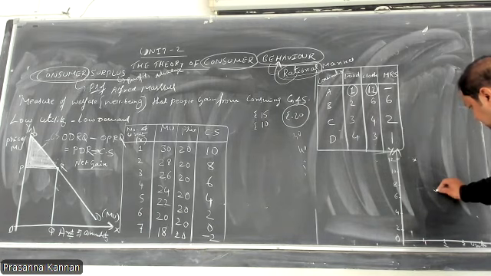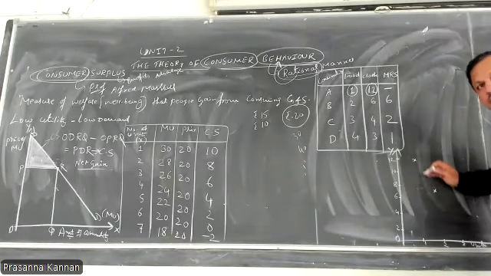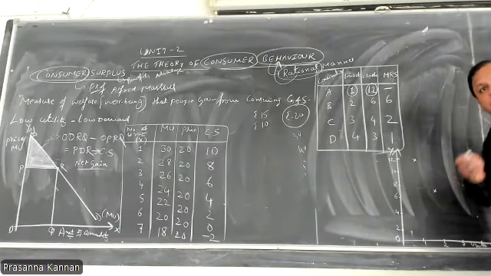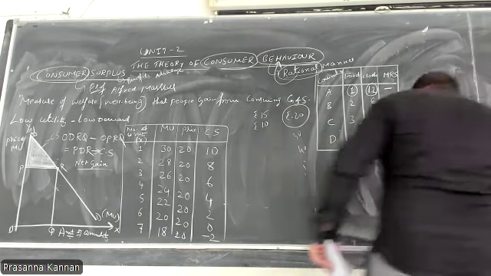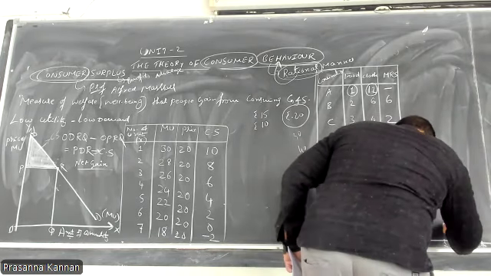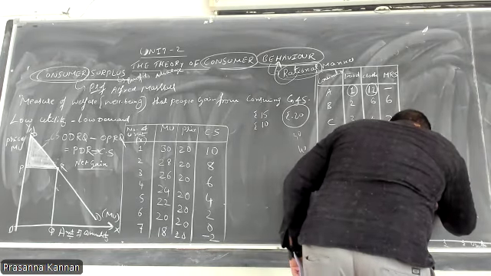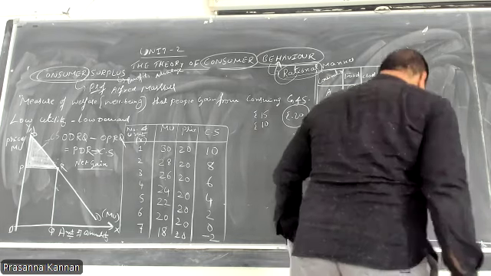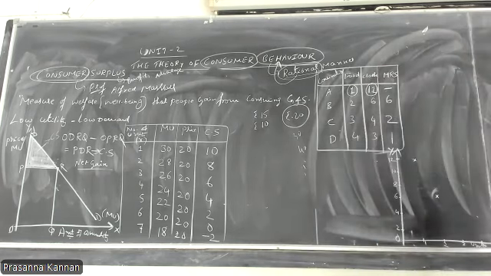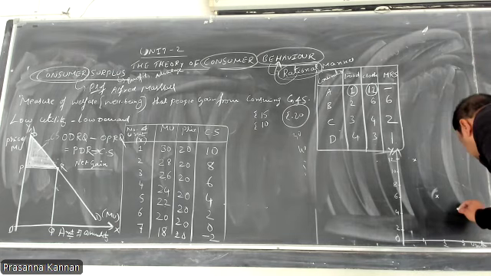More or less I'm not able to see, because I'm very close to the board. You can draw it neatly. So 2 to 6 comes here. Next, 3 and 4. 3 is here, 4 is this.